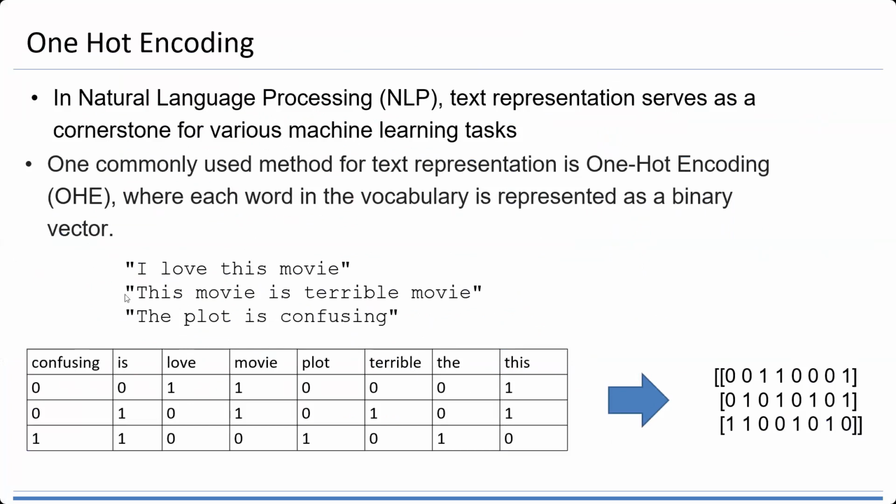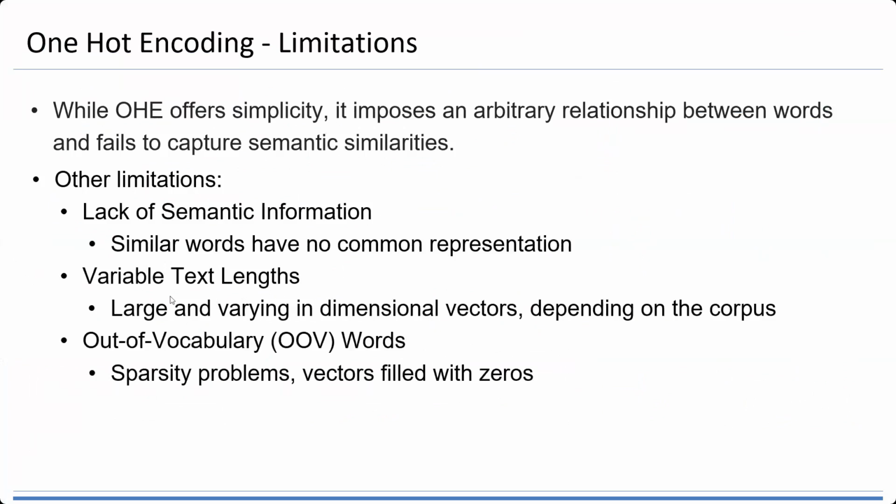But when the sentence is long and the words are varied, there will be more columns. And if the number of columns varies, it will be difficult to do machine learning because the variables change every time.